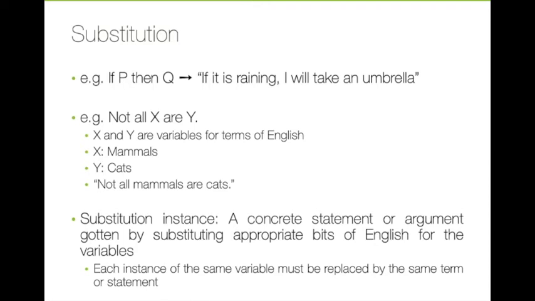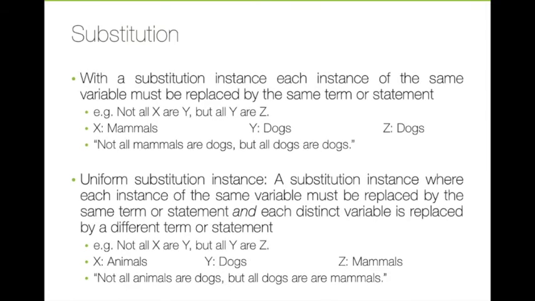A substitution instance is a concrete statement or argument gotten by substituting the appropriate bits of English for the variables. And each instance of the same variable, X, Y, etc., must be replaced by the same term or statement. So every time you see an X, it has to be replaced by the same thing. To emphasize that each variable must be replaced by the same term or statement, depending on the kind of variable, let's look at an example.